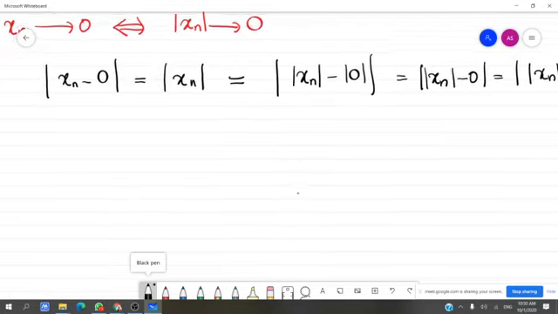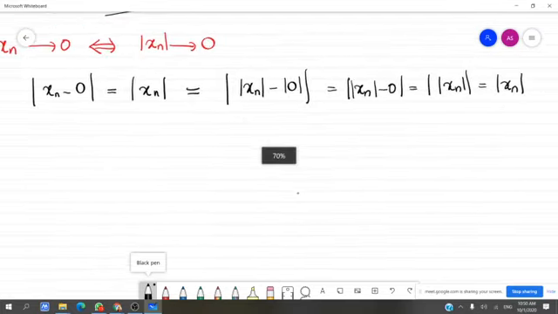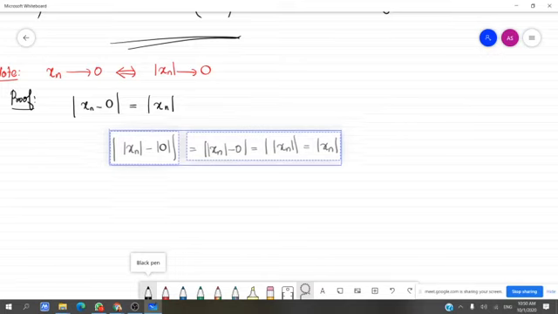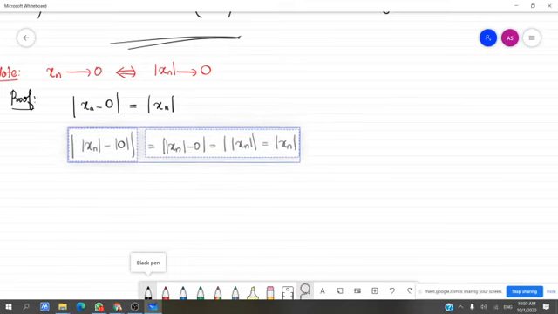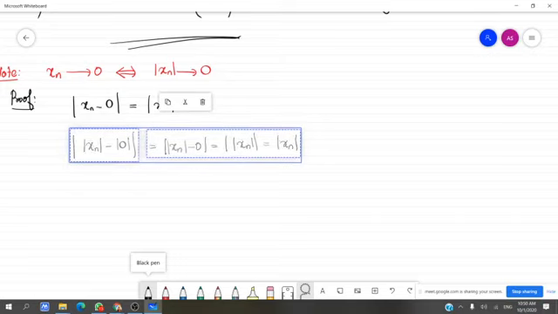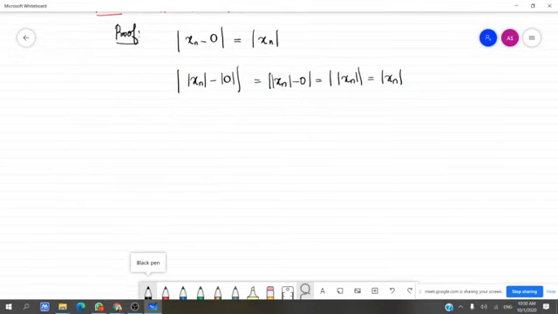So I can write convergence if and only if. That is, modulus of xn minus 0 is the same as modulus of mod xn minus 0.